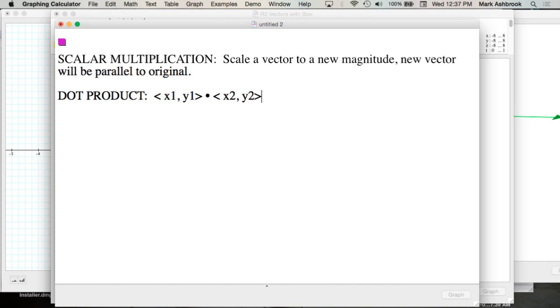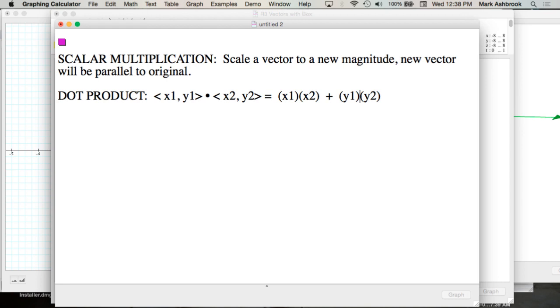If you multiply those with a dot product, what you get is a scalar: x1 times x2 plus y1 times y2. So you multiply the corresponding components, and then you add. So what will it be in R3? Then you'll also have plus z1 times z2 in R3. You'll always have that third term.